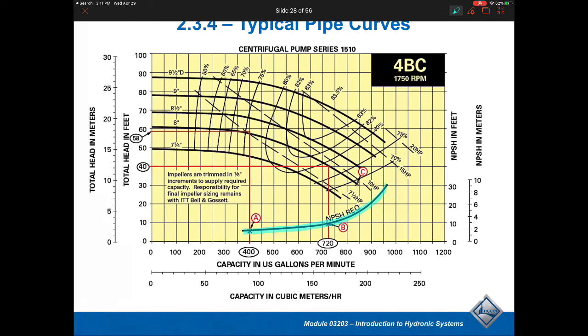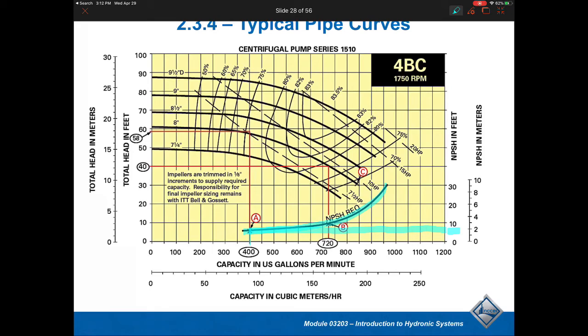This little line right here, they call the net positive suction head required line. Depending on the flow rate, in this example a very high flow pump, I'll use point A.